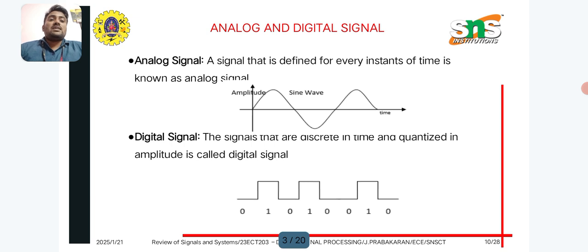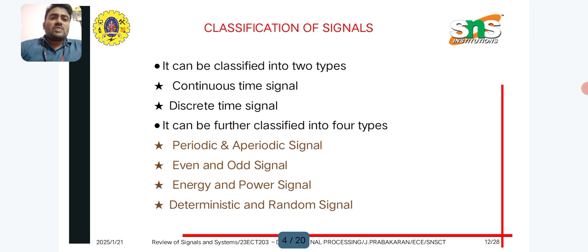Mainly, signals are classified into continuous time signals, or analog signals, and discrete time signals. In a continuous time signal, both amplitude and time are continuous. In a discrete time signal, amplitude is continuous and time is discrete.